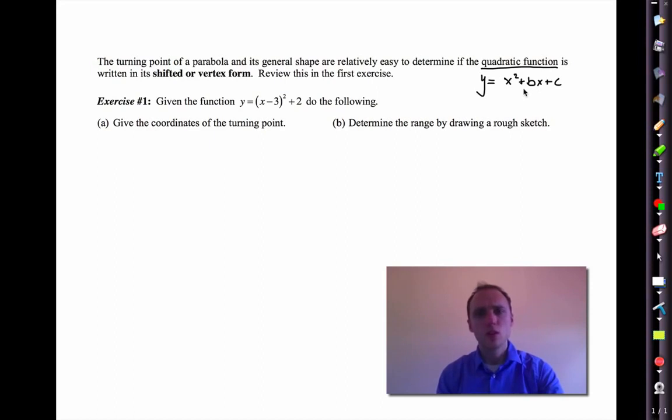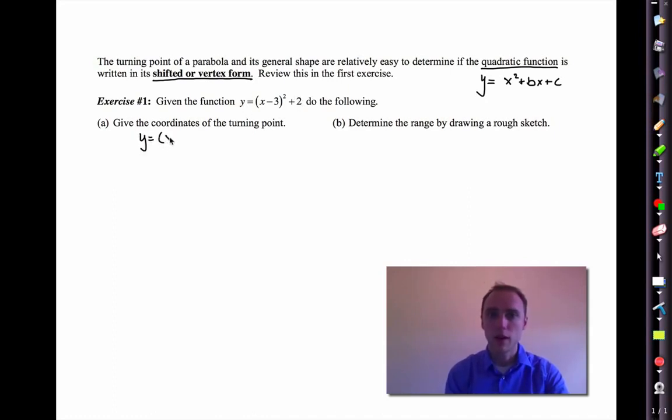All right, so a quadratic function can be written in this form, but a lot of the time it's going to be more useful to write it in shifted or vertex form. And remember, you learned yesterday that shifted or vertex form looks something like this, or more generally speaking, y is equal to (x minus h) squared plus k.